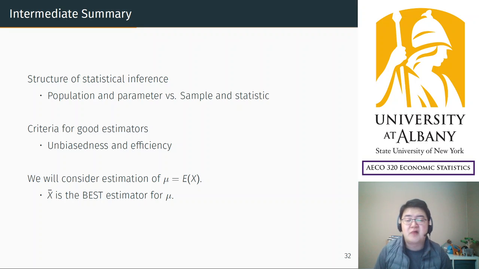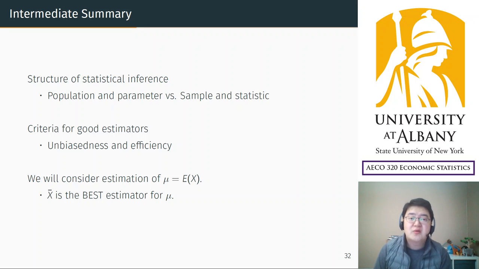And the theory can be applied to any estimation problem, but we are particularly interested in the estimation of the population mean. The expectation is our parameter. Even though it's the simplest example, it's widely applicable. As you are going to see later, the mean can be interpreted in different ways, or many estimators share similar properties to the mean.